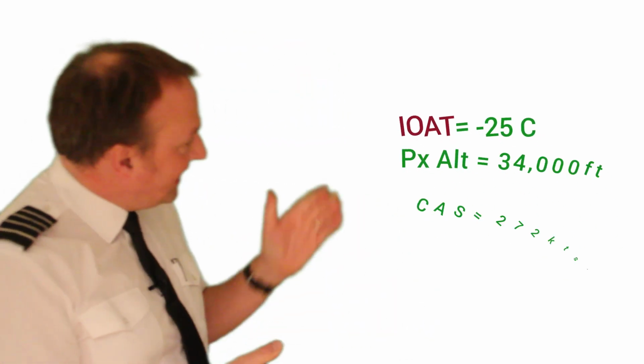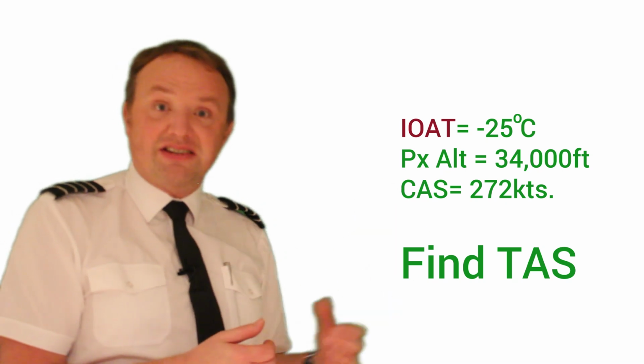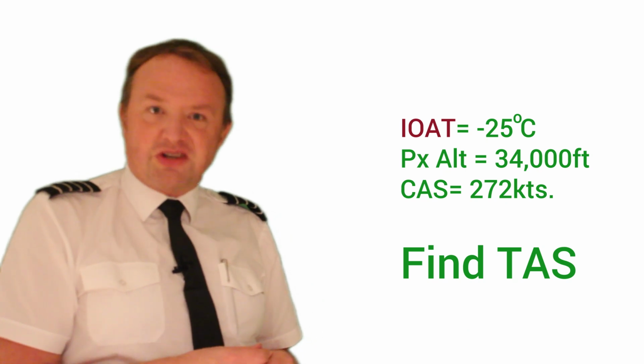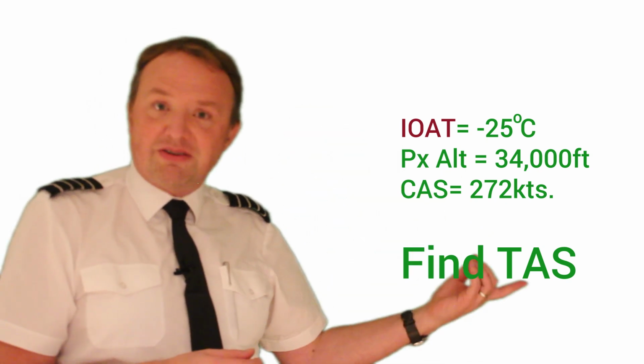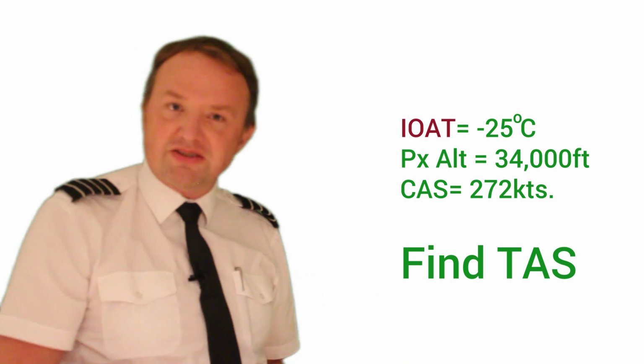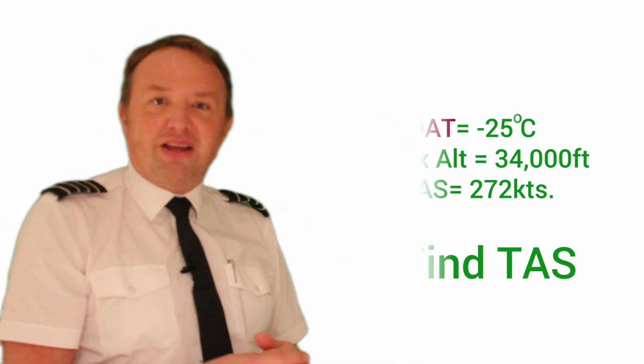Once again, indicated outside air temperature, I need to calculate a ram rise. For that, I need to calculate a TAS. But for that, I need to apply compressibility. So I'm going to take that temperature, work out a TAS, apply compressibility, use that TAS to calculate a ram rise, then go back in and repeat the entire process with the corrected outside air temperature and compressibility once again, eventually to give me the true airspeed.